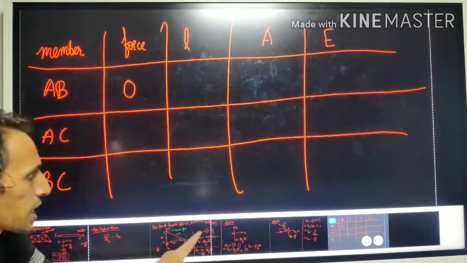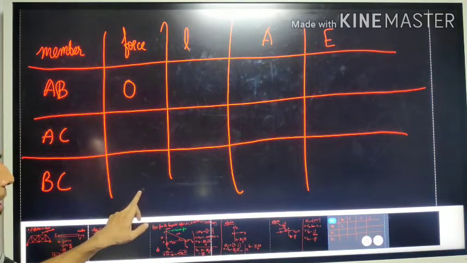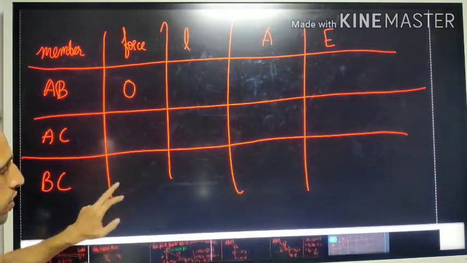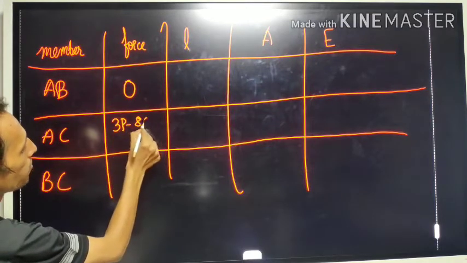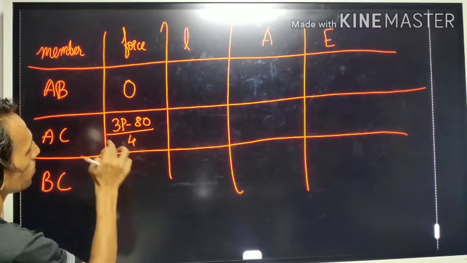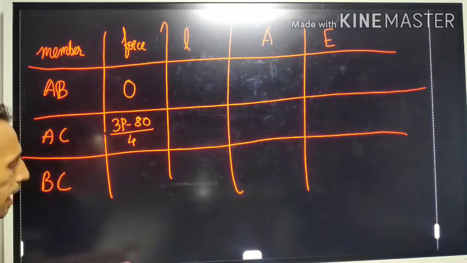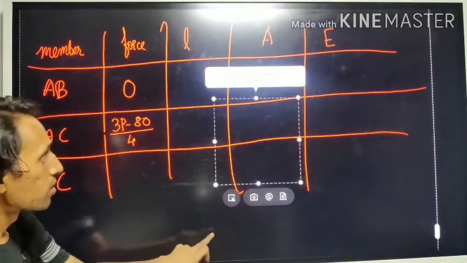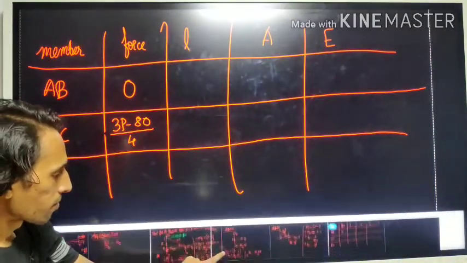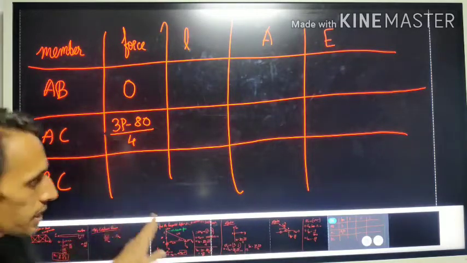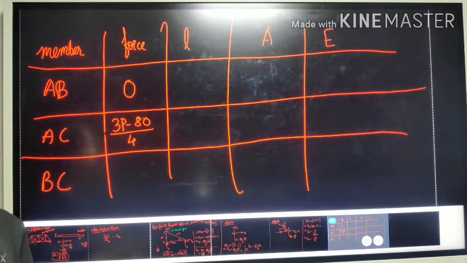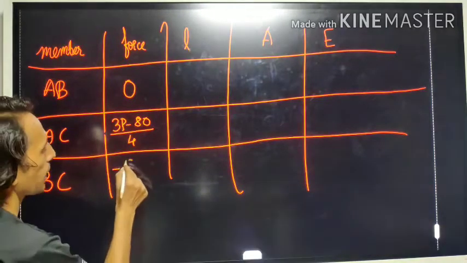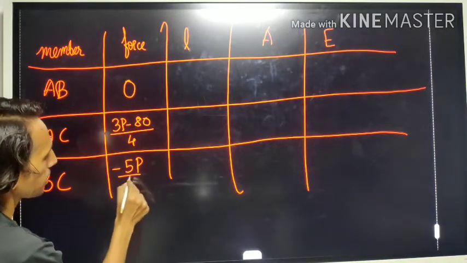AC value was 3p minus 80 divided by 4. And what was the value of BC? So it was minus 5p divided by 4.